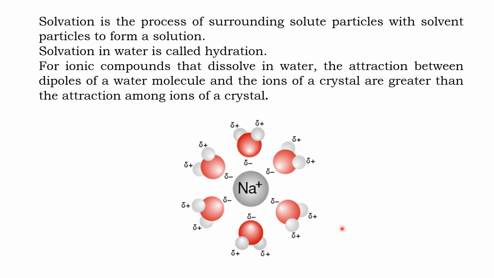And we know ionic compounds usually dissolve in polar solvents because this interaction occurs. Water is a polar solvent. If it is a non-polar solvent like benzene or carbon tetrachloride, what happens? Na+ does not have any interaction there, so it may not dissolve.